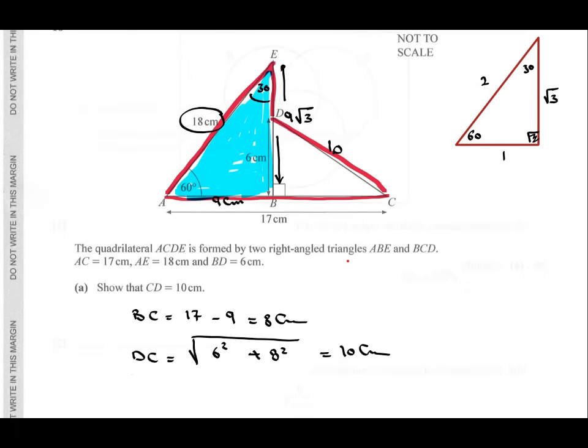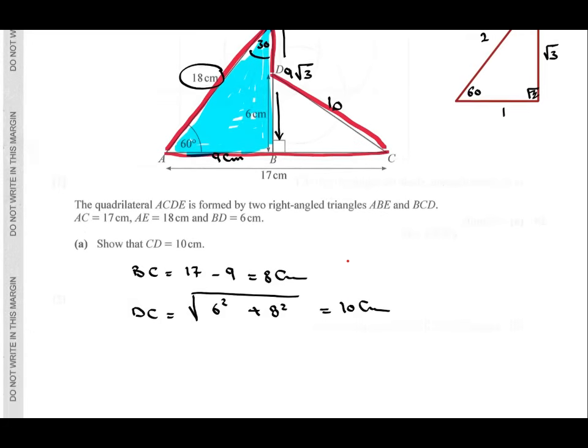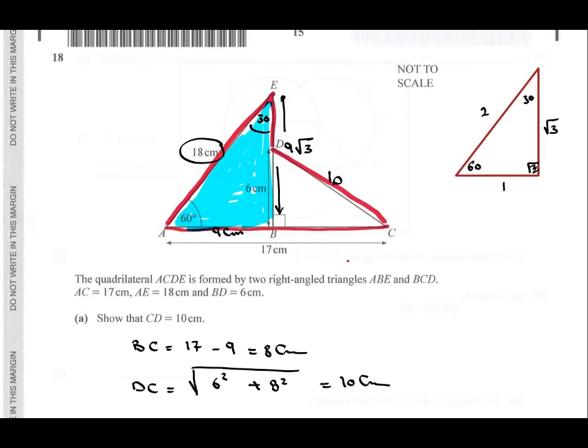The perimeter consists of 4 parts: 17 plus 18 plus 10 plus the missing part. We have 3 parts, 17 plus 18 plus 10, and this part, the missing part.